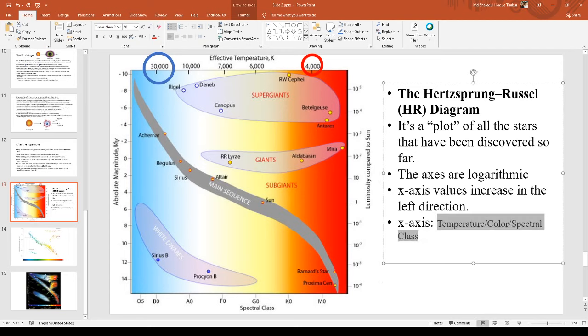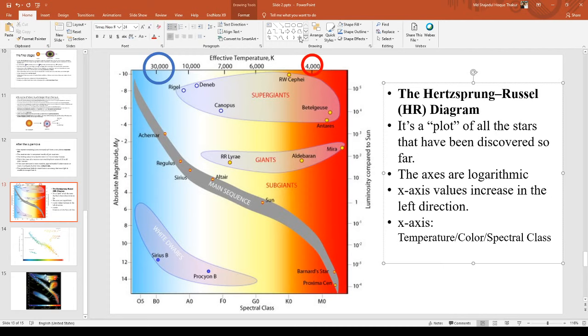So the x-axis will be one of these three things. Yes, this is not a normal graph. I'm telling you again and again, this is not a normal graph. That is why we are calling it a diagram. It's not a graph, it's a diagram. So the x-axis will be either temperature or color or spectral class.